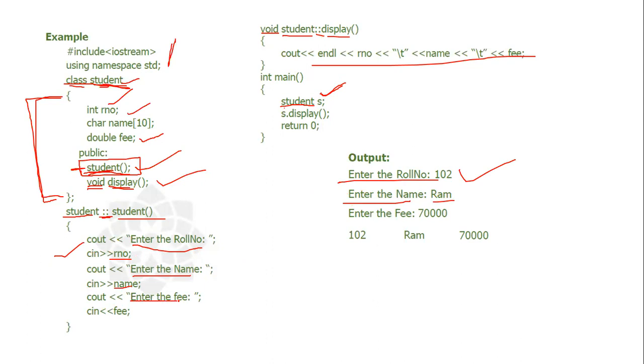Again, it asks enter the fee. I have given 70,000, and that is assigned to fee. So again it returned here. Next, what I have done here is s dot display. It comes here. What does display do? It should display the roll number, tab space, ROM, tab space, 70,000.